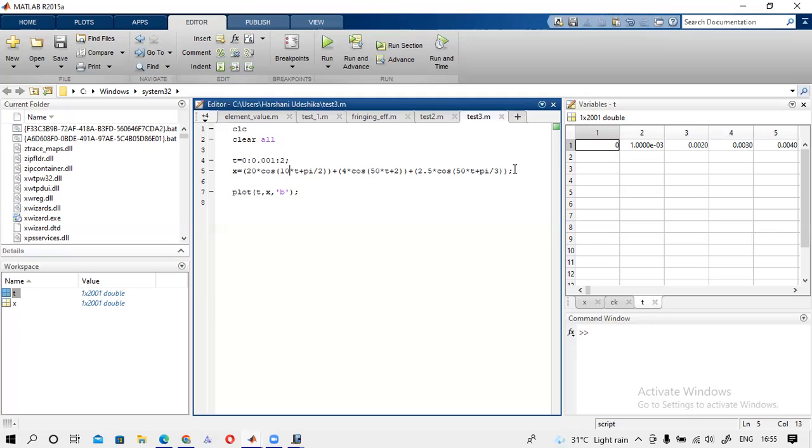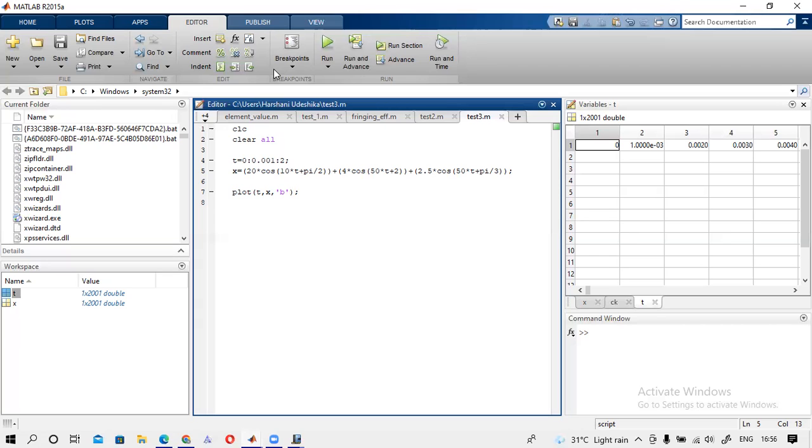Can you tell me how many frequency components are here? How many frequencies? Tell me, someone, how many? One, two, three, five? Any number of frequency components?